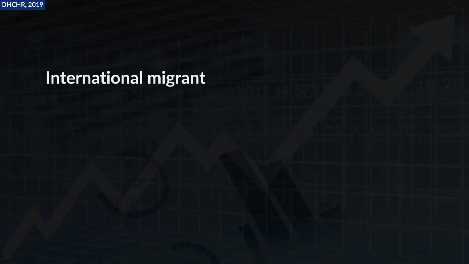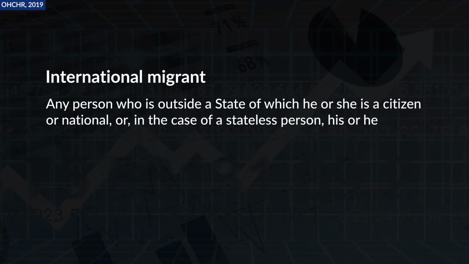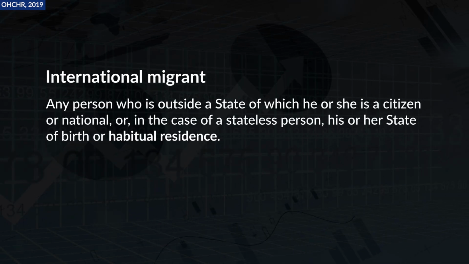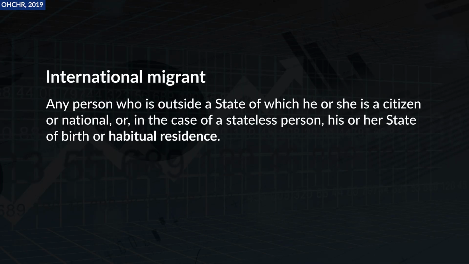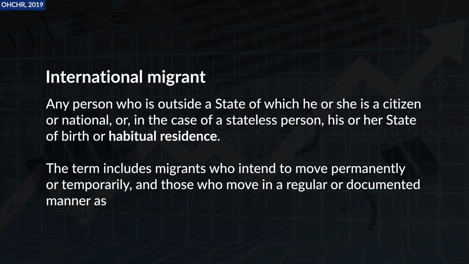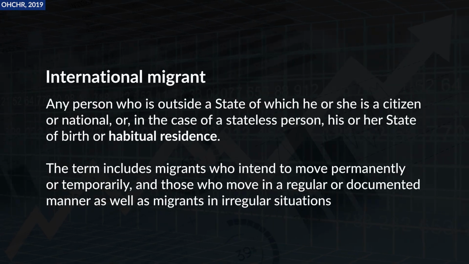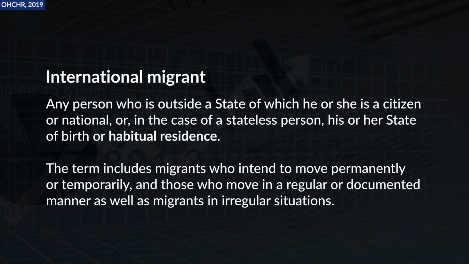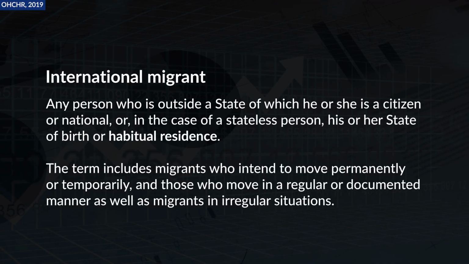It starts with any person who is outside of a state of which he or she is a citizen or national, or in the case of a stateless person, his or her state of birth or habitual residence. The term includes migrants who intend to move permanently or temporarily, and those who move in a regular or documented manner, as well as migrants in irregular situations.